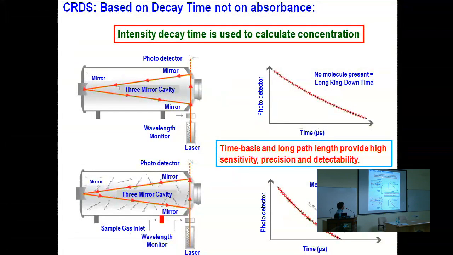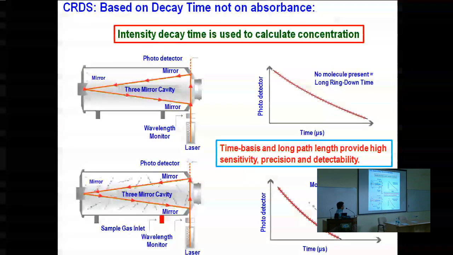So this is the decay time of intensity. There are 3 mirrors. This is the laser source. It will inject the light, and by reflecting the intensity between the 3 mirrors, it will decay with respect to time.